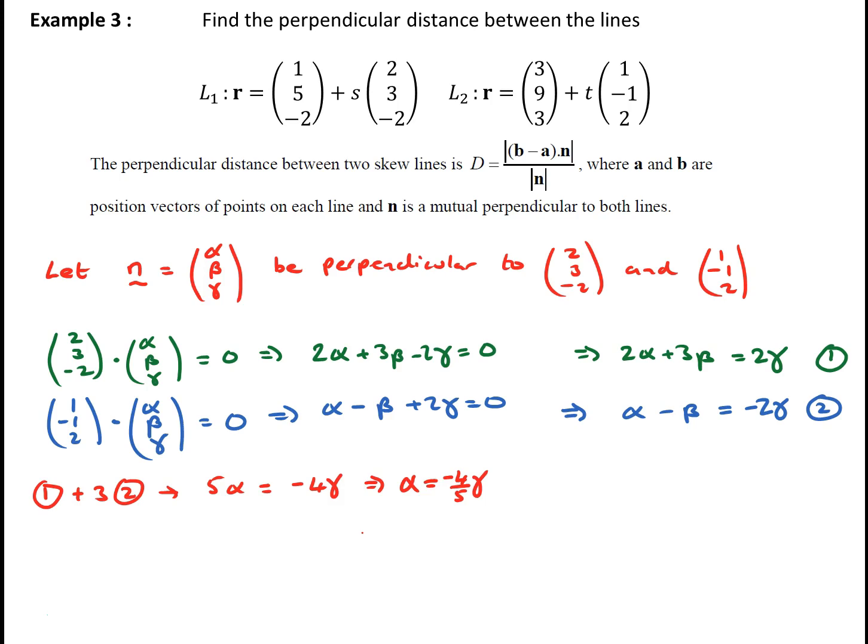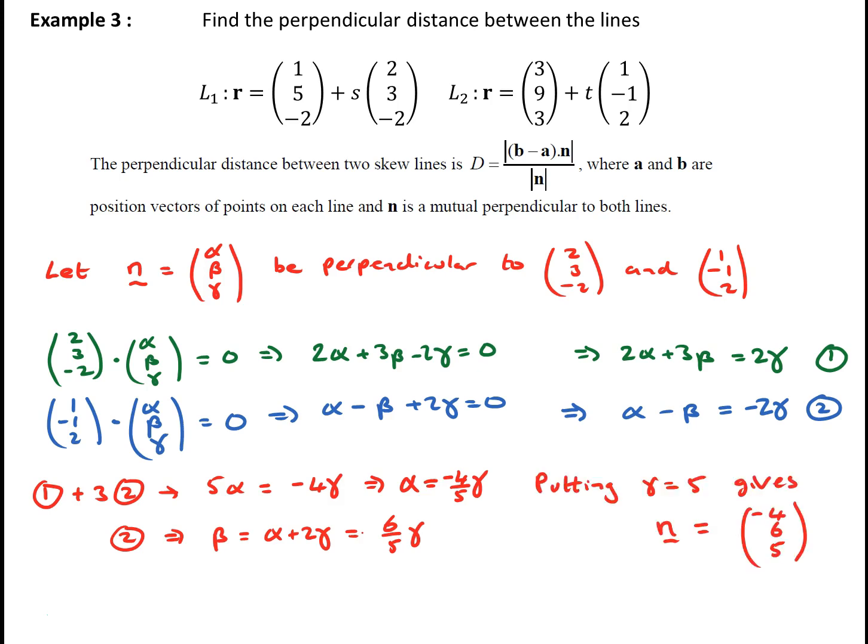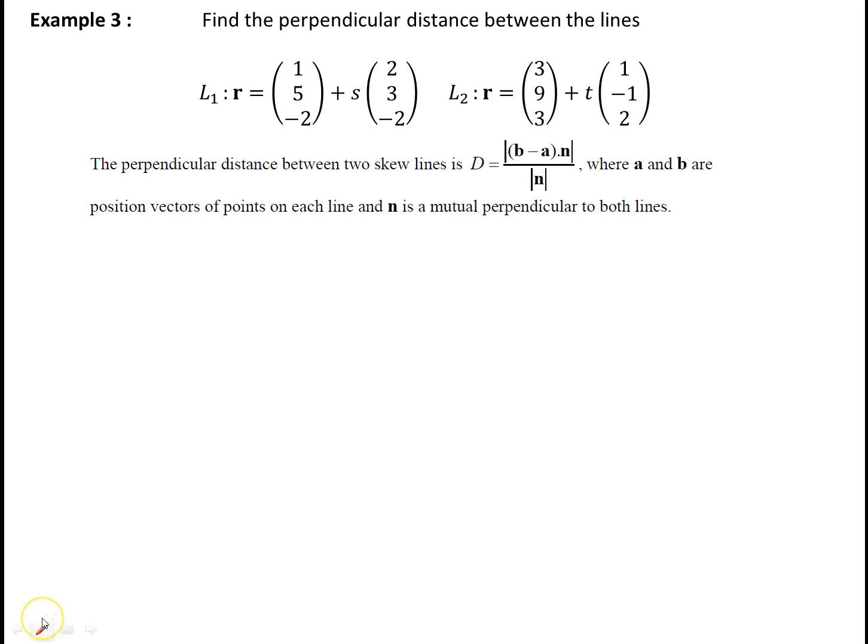Inserting that into equation 2 tells me that beta must equal alpha plus 2 gamma, which is 6/5 gamma. And if I choose to put gamma equals 5, just so that I get nice integer values for alpha, beta and gamma, then I get a normal vector of (-4, 6, 5).